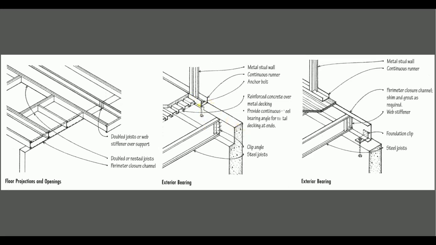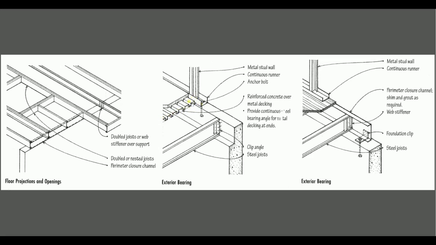We use the sill plate 2x6, 2x10 or 2x8. Now we use the C-channel for the sill plate, just an upside down C-channel. We have the C-channel here, and we put the stud inside. Also we have the reinforced metal deck.